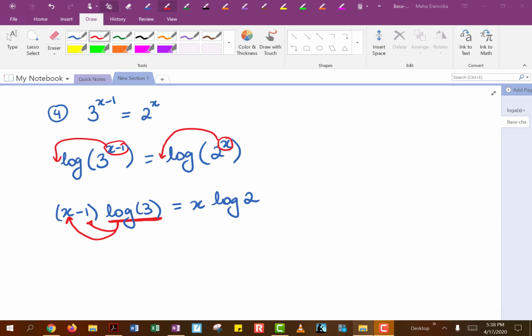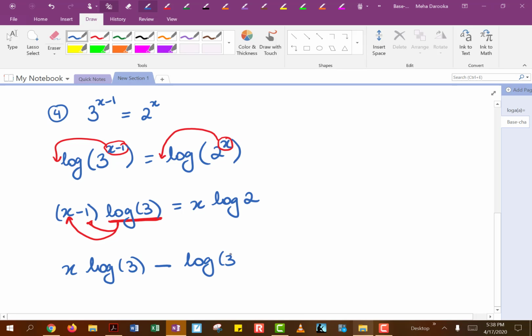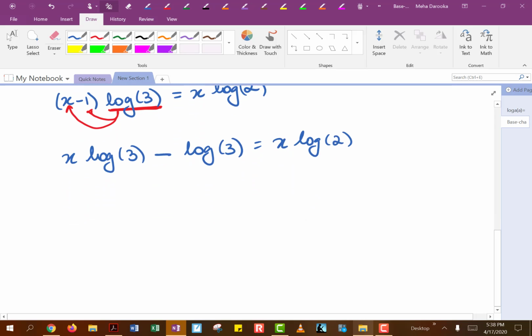So that will give us, let's see, x times log of 3 minus 1 times log of 3 would of course be log of 3, and then we have x times log of 2 on the other side, right?